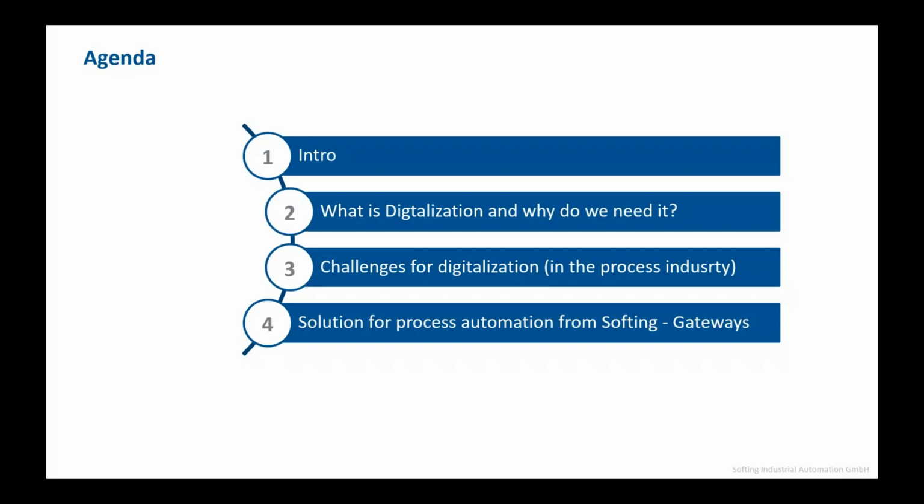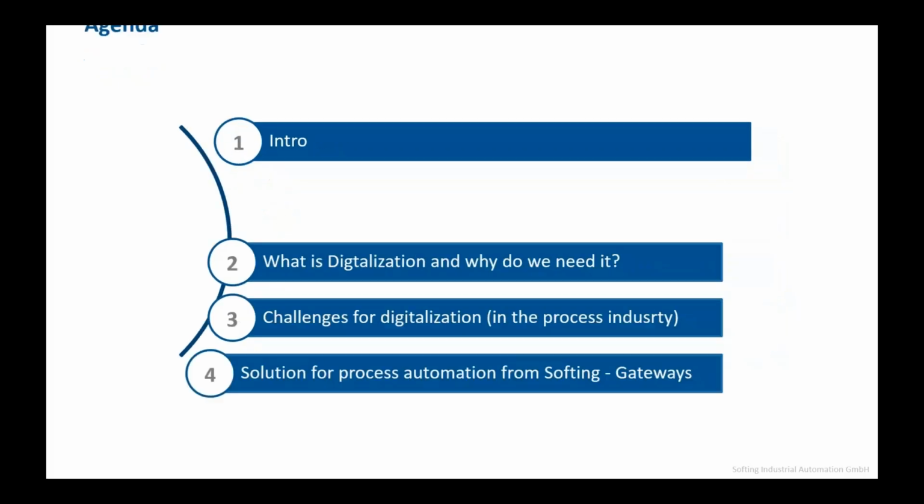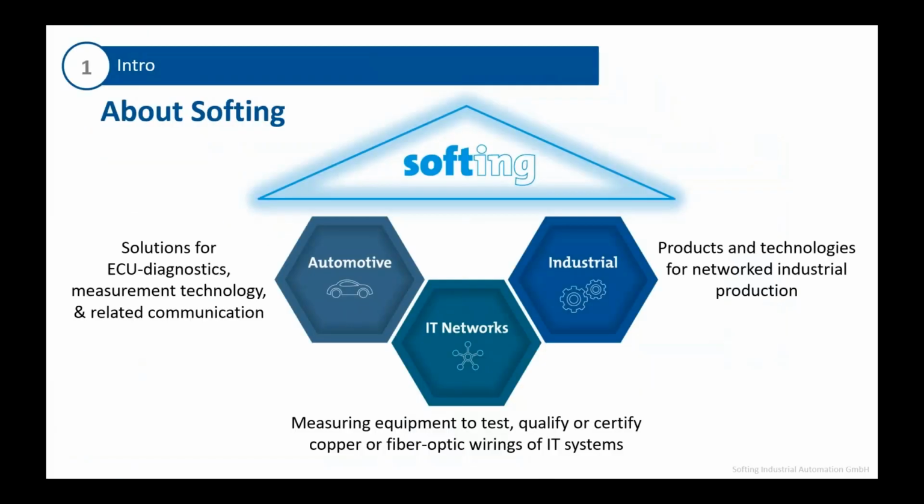So going further on with the introduction, a quick note about Softing in general. We're a fairly big company consisting of 400 employees in total. We have 3 different units: one is automotive, one is IT networks, and one is our unit, Industrial. In general, Softing is concerned with communication networks in different areas.